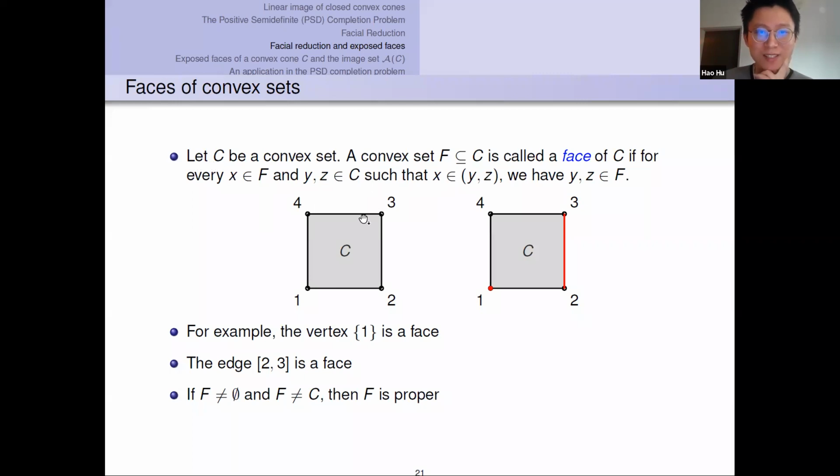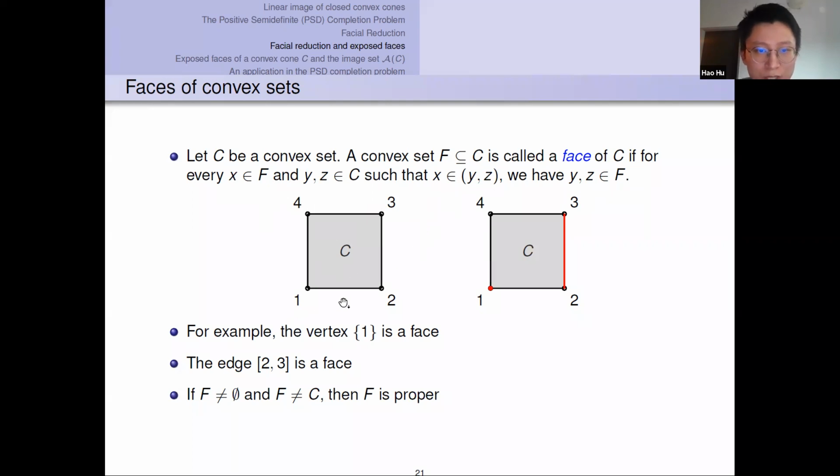If we have a convex set C, a face is essentially a generalization of vertices. So if we pick any element X in the face, such that the element X lies in the line segment between two elements Y and Z in the set, then we must have that Y and Z are also in the face.